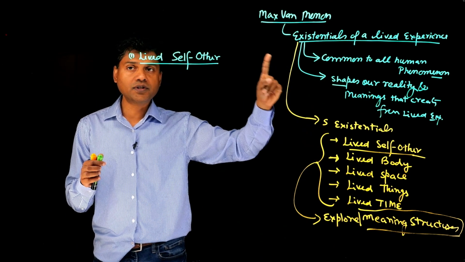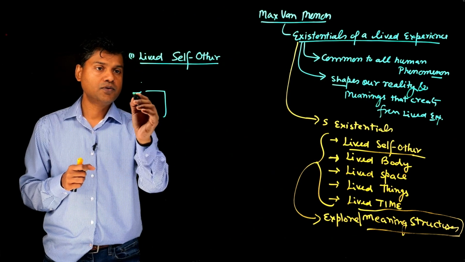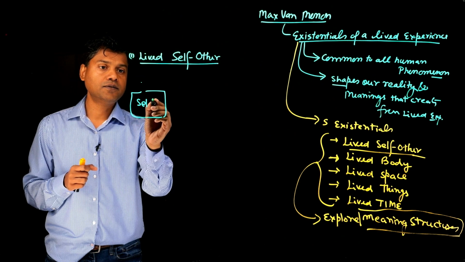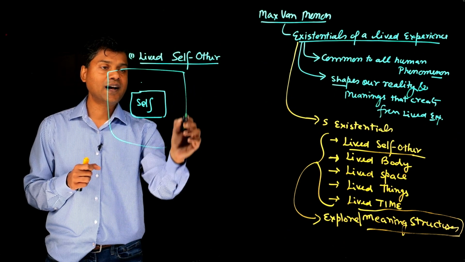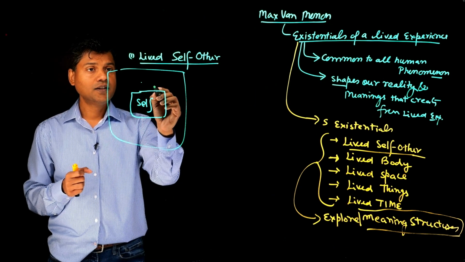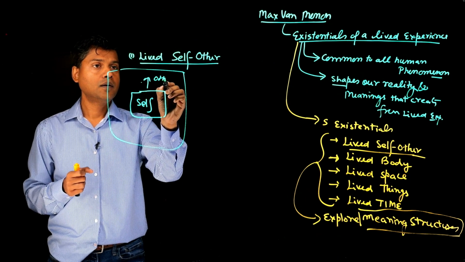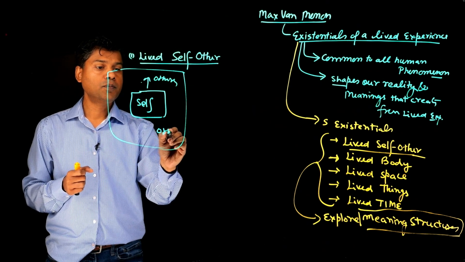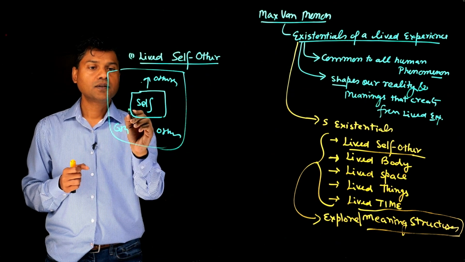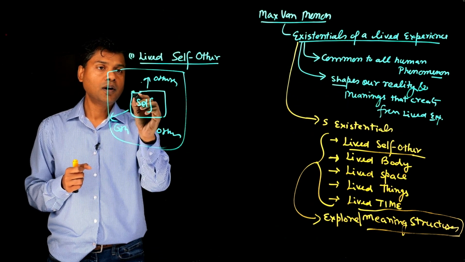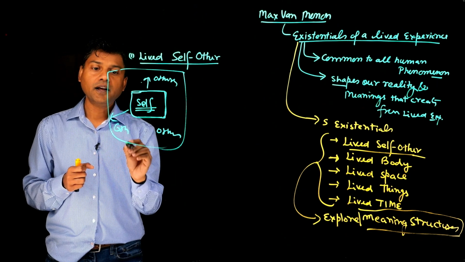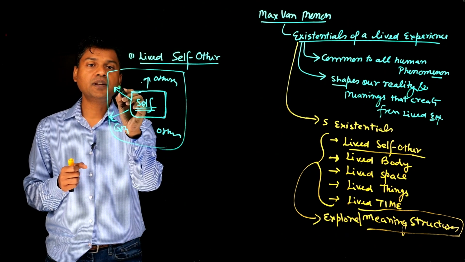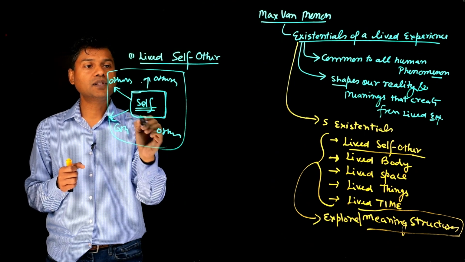So you're focusing on, I could draw like this, if this is self, and obviously we are surrounded by people around us, others, other people around us. First of all, how self is experienced and how others are experienced by the self.